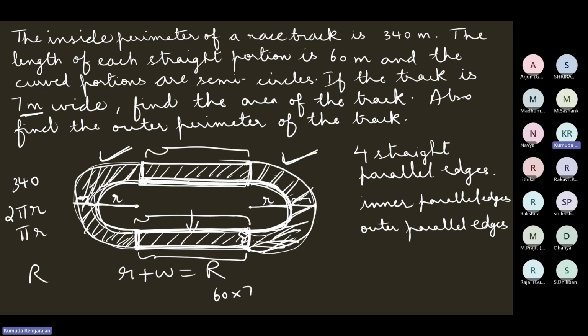The track is the portion where the athletes run, not the inside portion. When you're asked to find the area of the track, you're not asked to find the area of this portion, children. Only the shaded region where the athletes run.